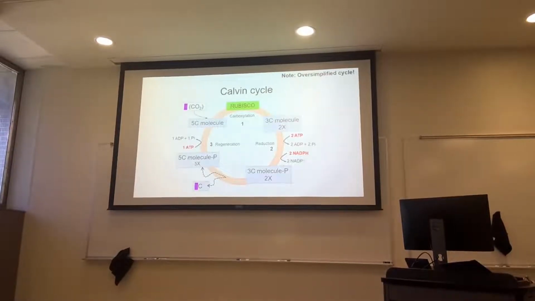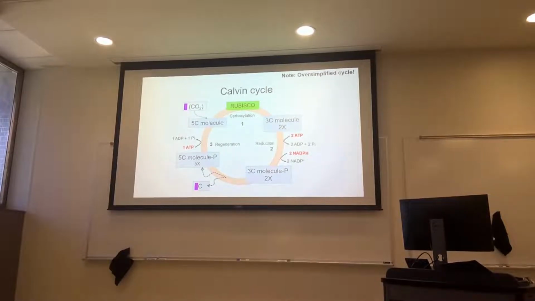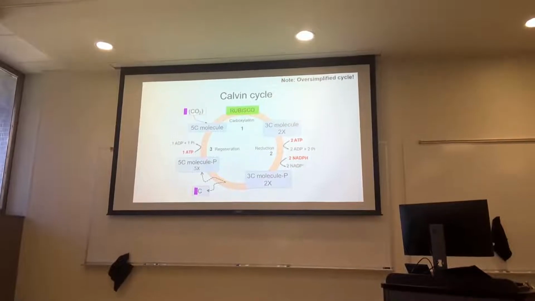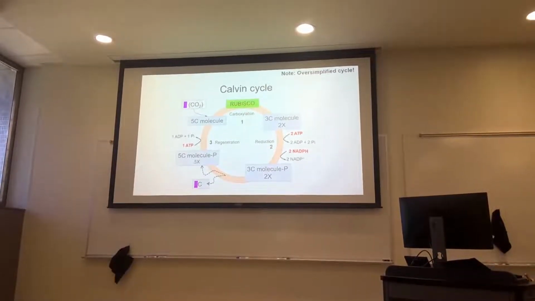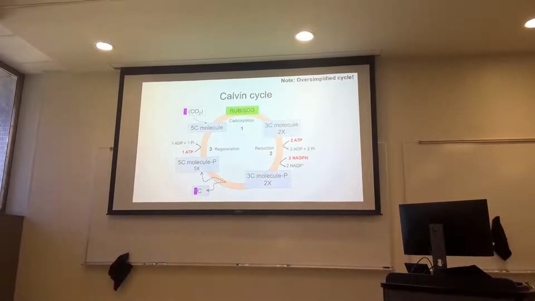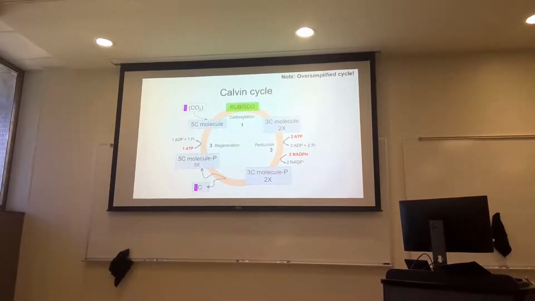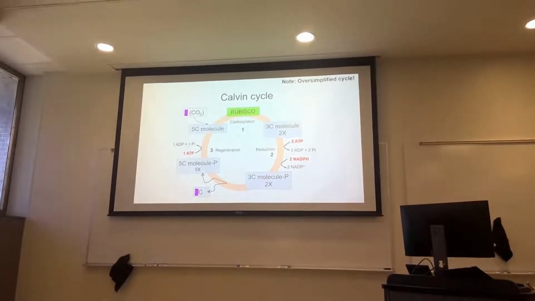So if you look at this one, how many carbons need to enter the Calvin cycle for a plant to release a carbon? It's a 3 carbon sugar.